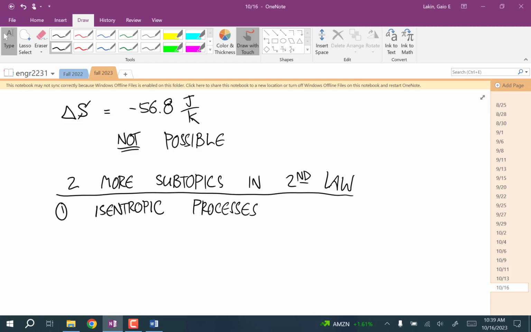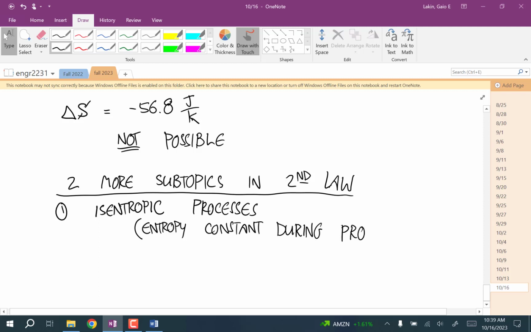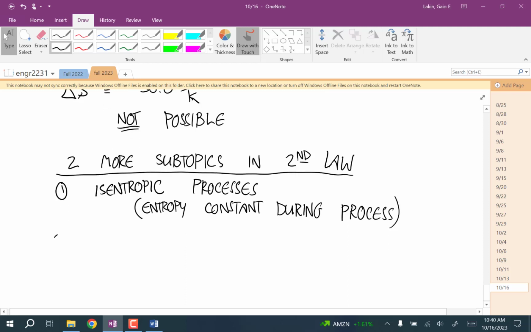This is a new one. Entropy stays constant over a process. And then the last thing we'll talk about is control volumes, the control volume approach to the second law.